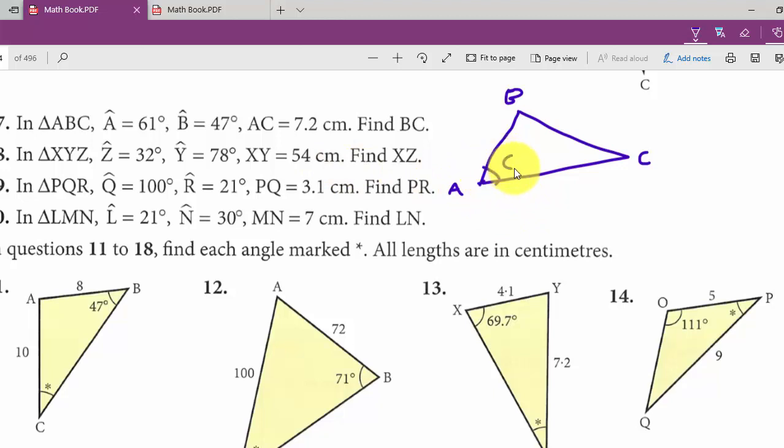Angle A is 61 degrees. Angle B is 47. And AC is the opposite of B. AC is 7.2. Find BC. BC is the missing side.